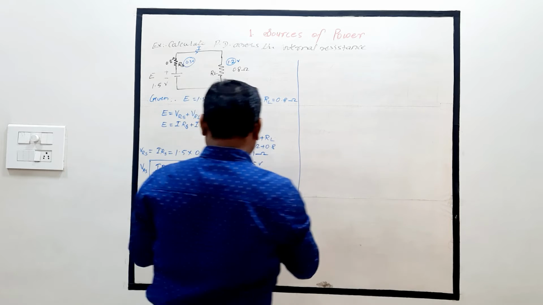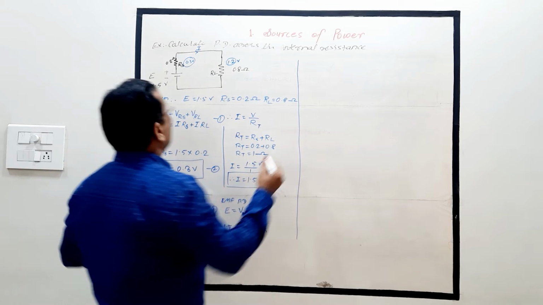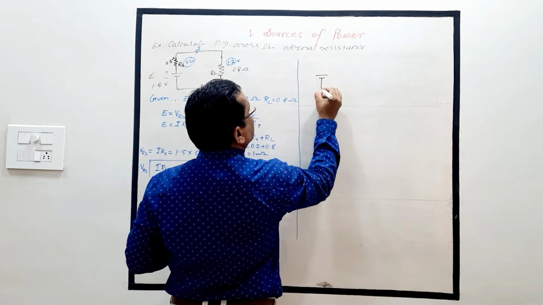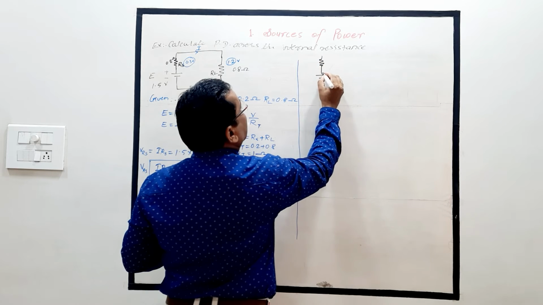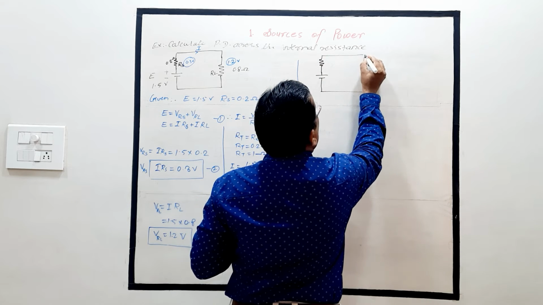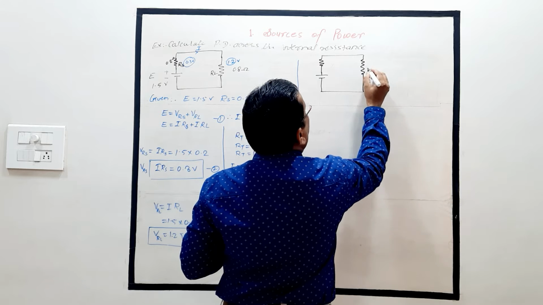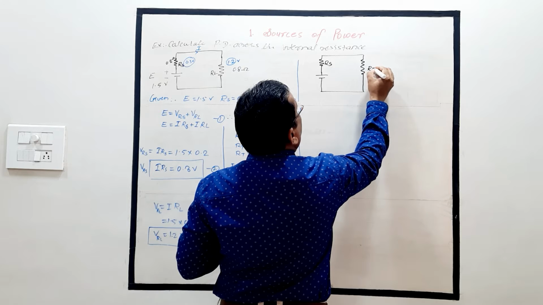Second example, draw the circuit, same circuit, only the values are different. This is the source, this is the internal resistance RS, this is RL.